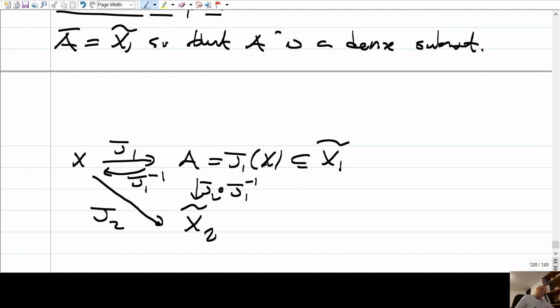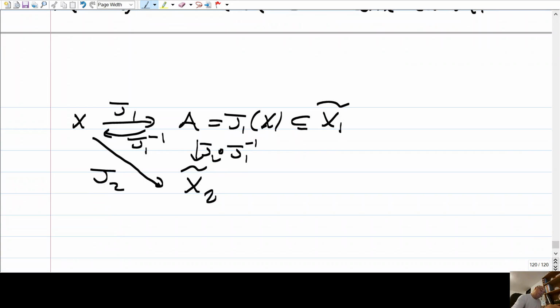And I know J1 is an isometry. Well, its inverse will be an isometry, and J2 is an isometry. So both of them are isometries. Their composition will be also an isometry because each one preserves the distance between points, both J1 inverse and J2. Therefore, the composition will preserve the distance.